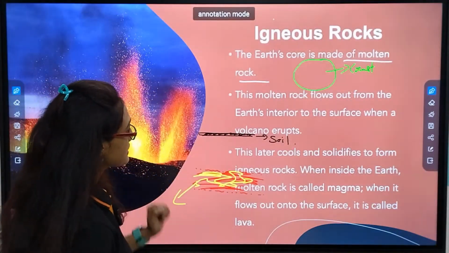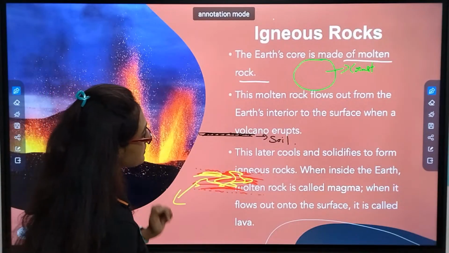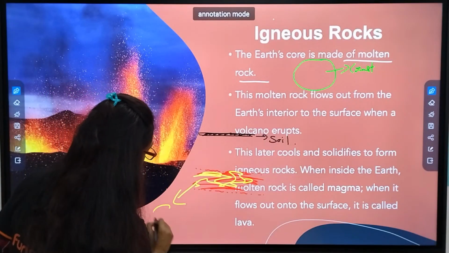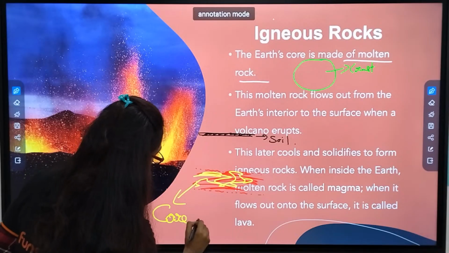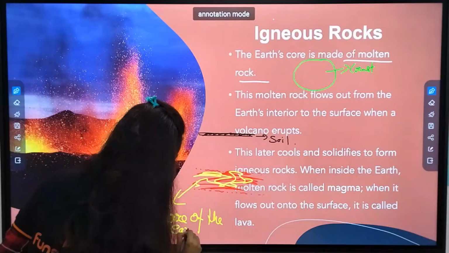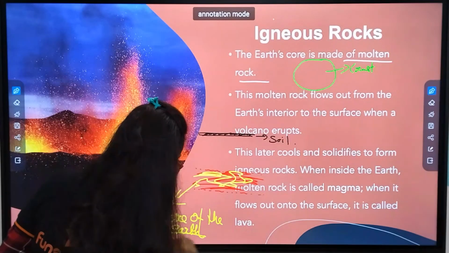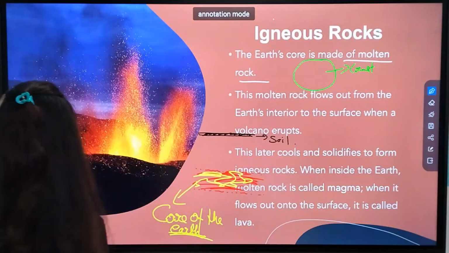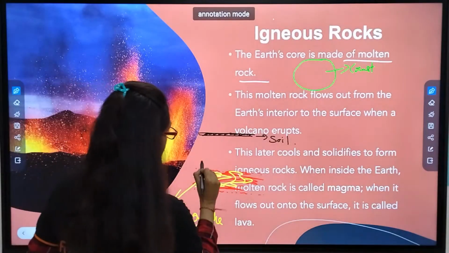This is known as the core of the earth. And above it lies the mantle.